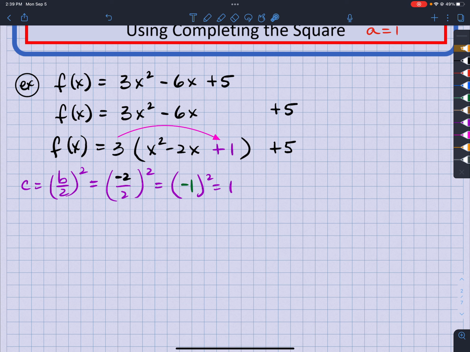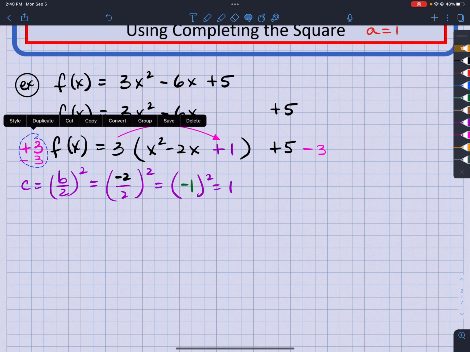So typically with completing the square, if we add 3 on the right side, we would add 3 to the left side, right? The problem is that the left side has a y. It's not a 0 like before. So I have to bring the 3 back over. How do I bring the 3 back over? I subtract 3 on both sides so that this would go away. Okay? So that's what I would do.